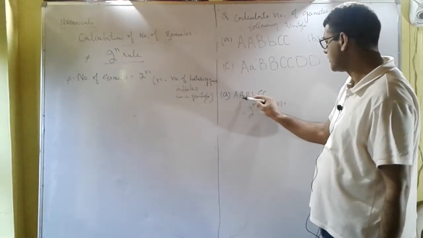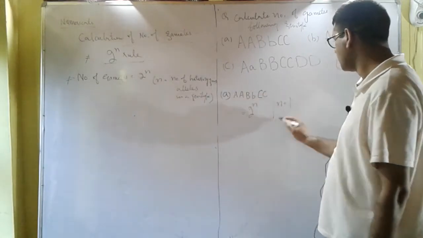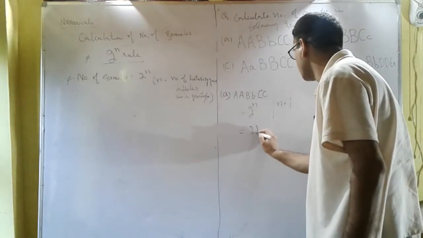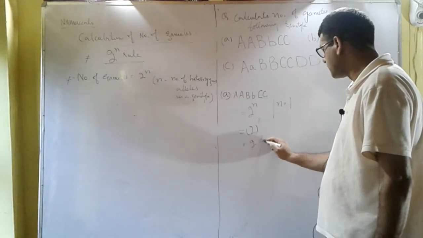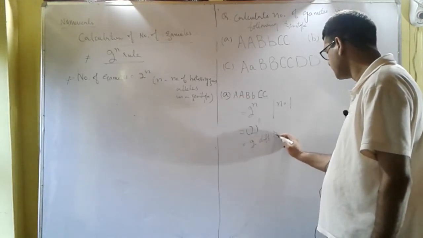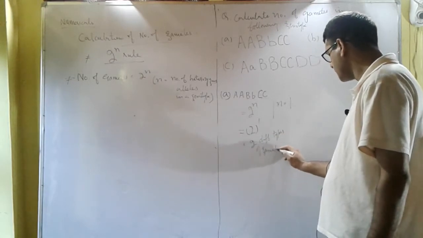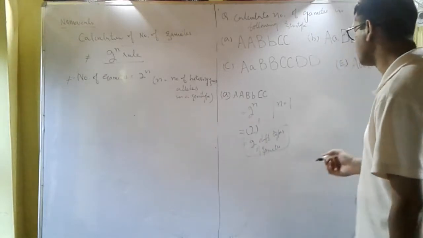This is a homozygous allele, this is a heterozygous allele, and this is homozygous, so only one. So we can write 2 raised to the power 1. So 2 different types of gametes are formed. This is the answer.